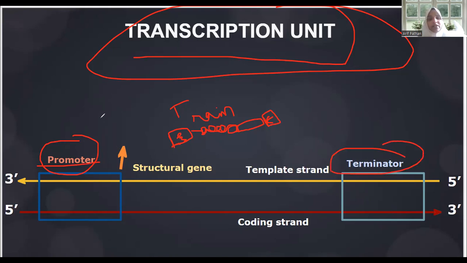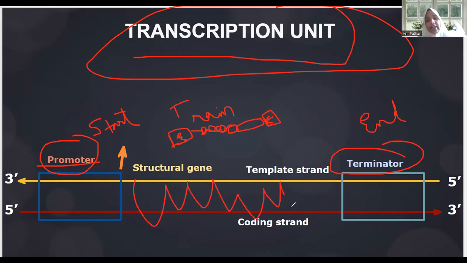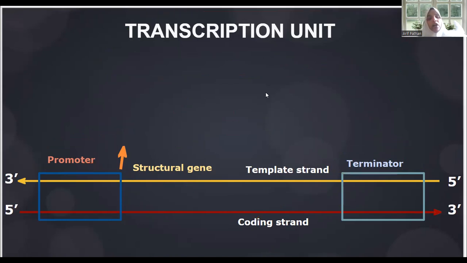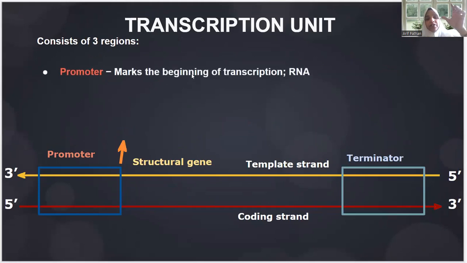The promoter will start the synthesis process; the name itself is suggesting the function. And the terminator will end it. Terminate means stop, end. And this will be the part of the gene, of the DNA, that needs to be transcribed and made into mRNA. So this whole part we call a transcription unit.